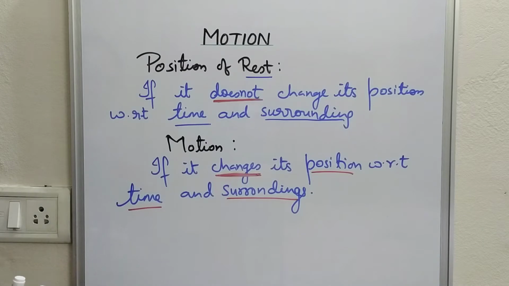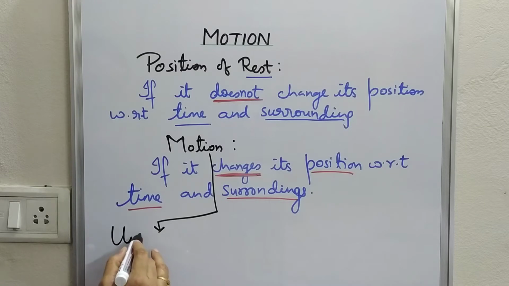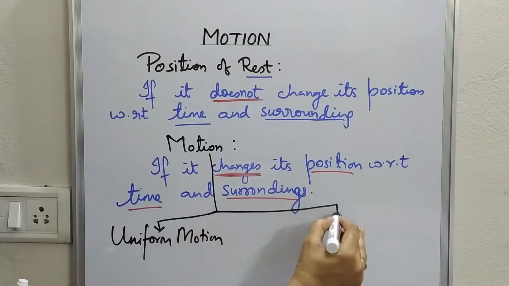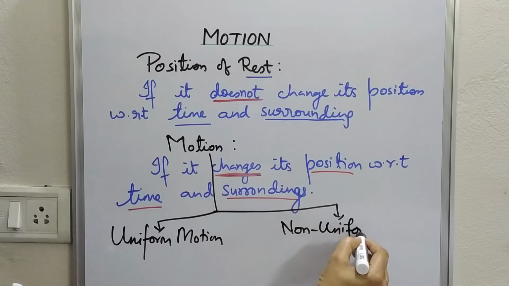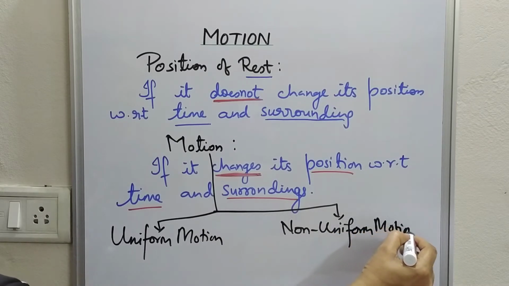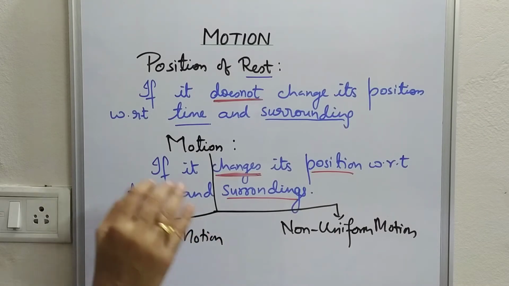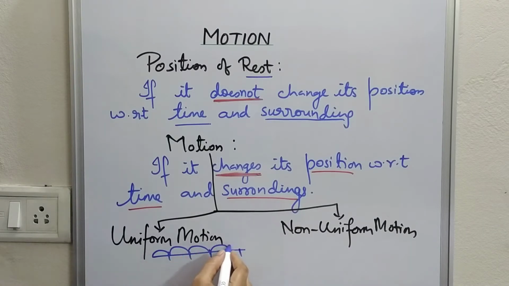We can classify motion as uniform motion and non-uniform motion. How do we define uniform motion and non-uniform motion? A body is said to be in uniform motion if it covers equal distances in equal intervals of time.